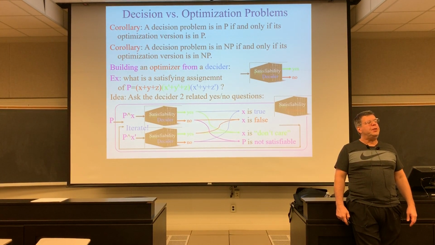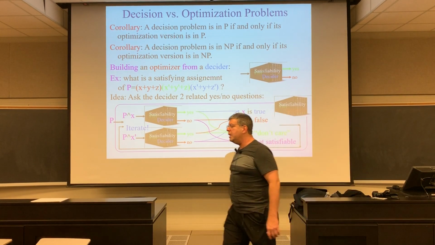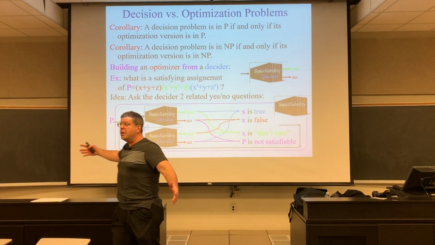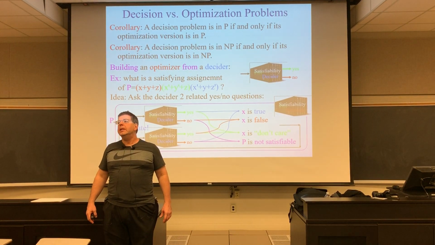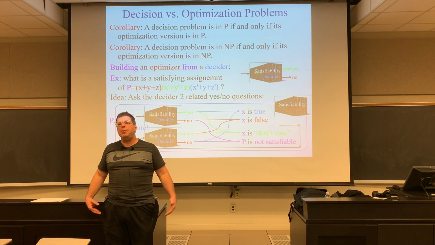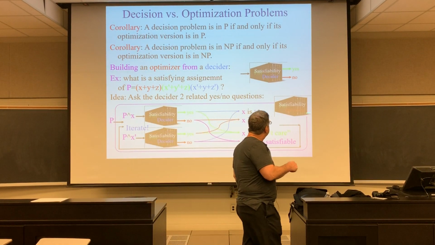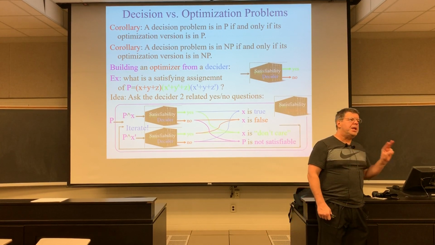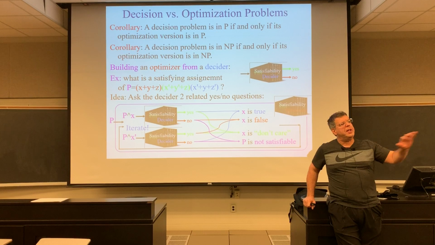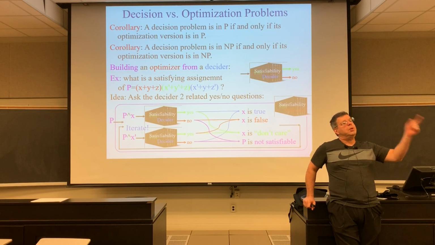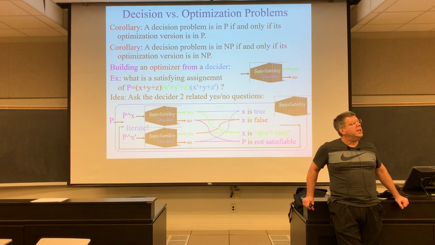Okay? So if you have to call a subroutine that runs in polynomial time a logarithmic number of times in the size, the number of bits in the answer, that's not too onerous, right? That will still keep you in polynomial time. So the point is that any decider could be turned into an optimizer. Again, decider says yes, no. Optimizer gives you the full, long answer of the satisfying assignment, or the colorability, or the Hamiltonian cycle, or the big Steiner tree that spans everything, or whatever else you're looking for.